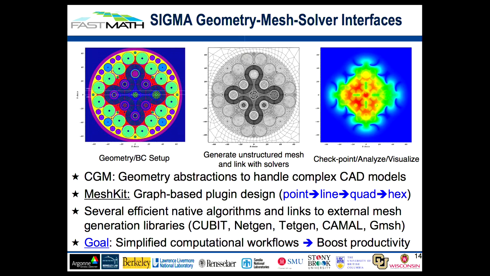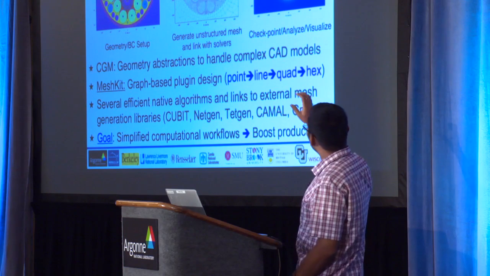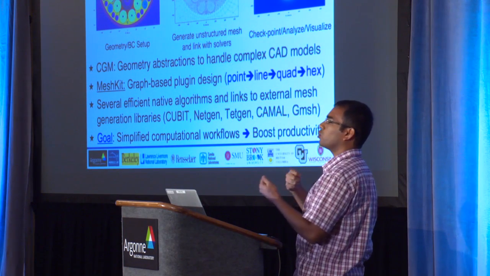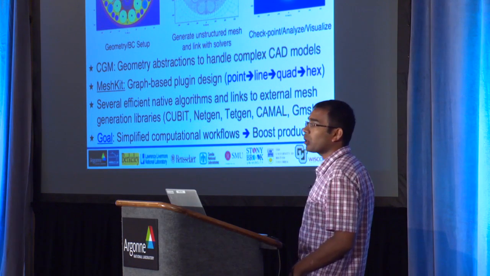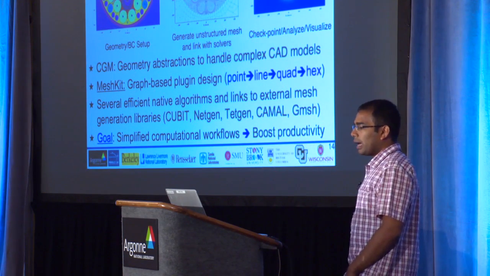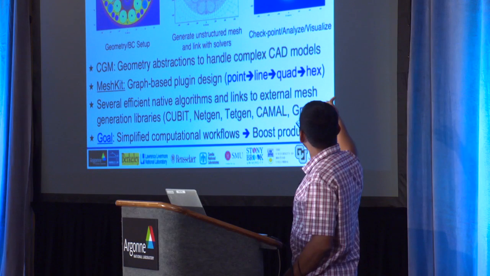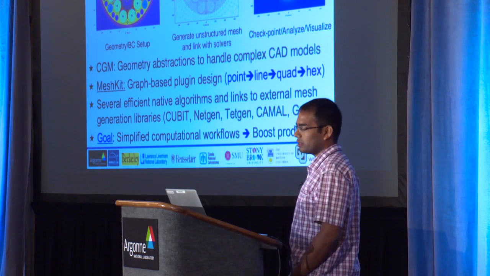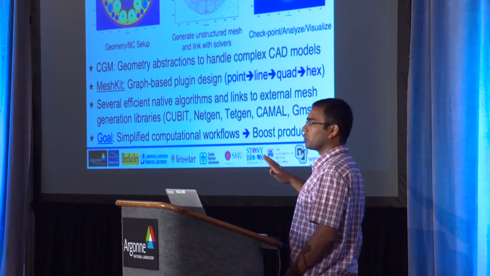So we run it through some mesh generation algorithm. We decide where we want high resolution, where we want low resolution. We generate an unstructured mesh, which is in the middle. And then you hook it up with your solver, run your problem of interest, whatever your physics may be. And then you find your solution, you dump it out, do different types of analysis and visualize your results, right? So that's your computational workflow.